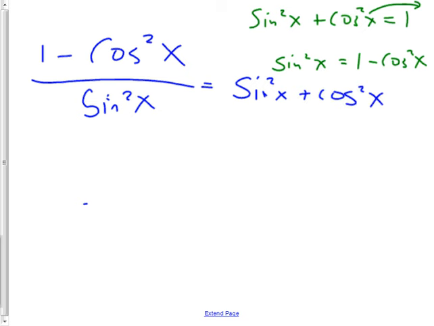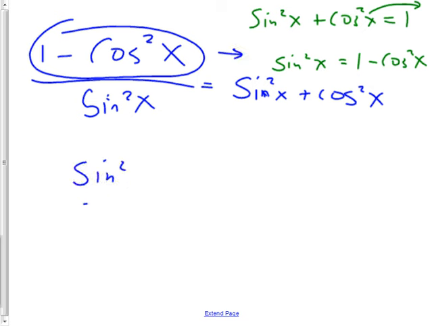Well, how does a proof work? On a proof, you have to leave one side or the other alone. And in this case, I'm going to leave sine squared x plus cosine squared x alone, and I'm going to simplify the left side. This, as I just showed you a moment ago, could be replaced with sine squared x. And on the bottom, I had sine squared x.